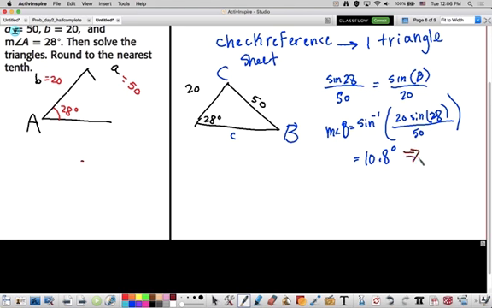That tells me angle C. 141.2 for angle C. Good. Okay.